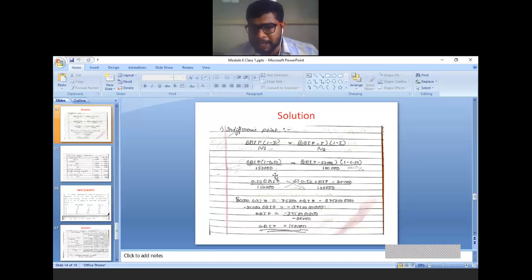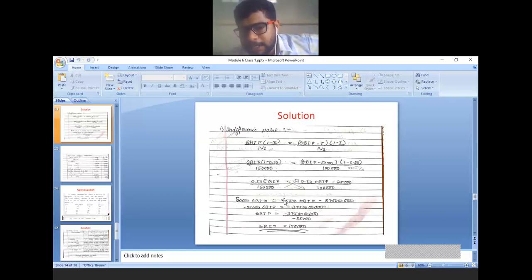Now cross multiplication. Check the arrow, cross multiplication. What will you get? 1,50,000, observe carefully, 1,50,000 into 0.50, how much will you get? See, I am doing this part first. 0.50 EBIT into 1 lakh, how much is it? 50,000 EBIT. 0.50 into 1 lakh is 50,000, EBIT remains as it is.